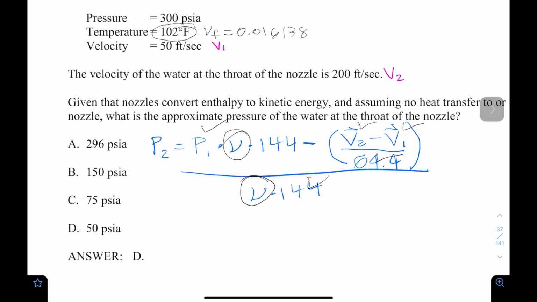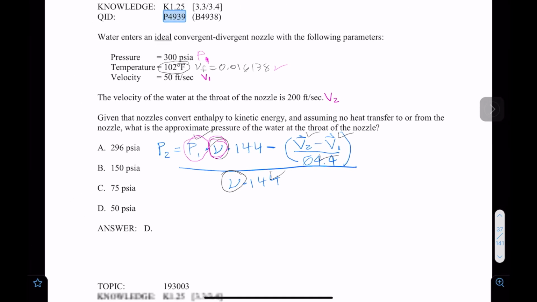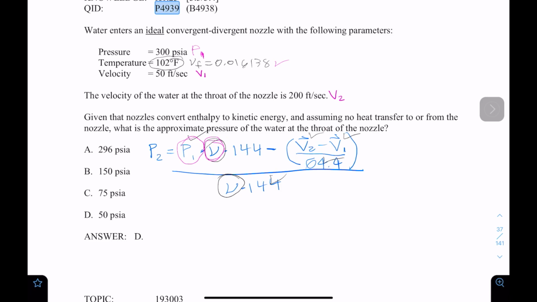Because I'm using the pressure already here, this is the pressure that I'm using, like P1. That's why for my specific volume, I'm using the temperature, and I also know it's a fluid, right? So I hope that helps, and that's the formula that you'll use for this one. You just plug everything in.